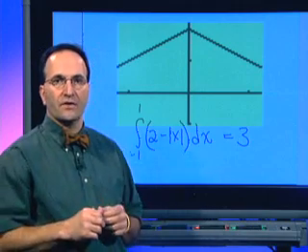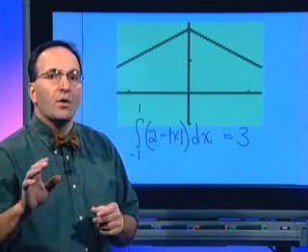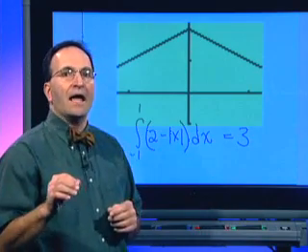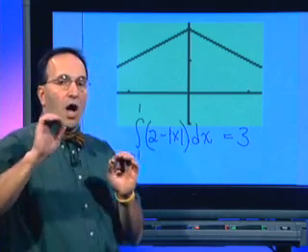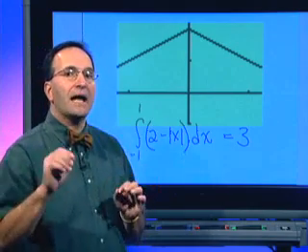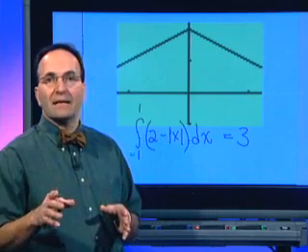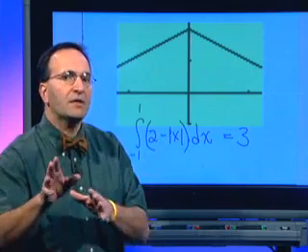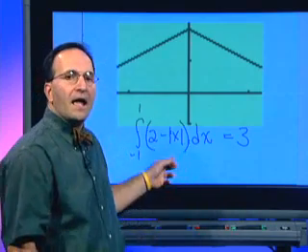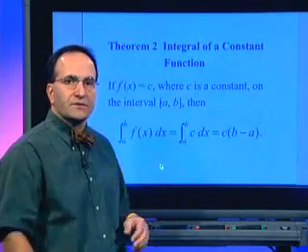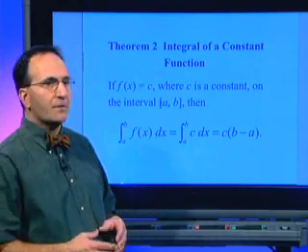And that's how that can help us in terms of finding the definite integral by looking at it as the area underneath the curves. All right, remember that when we're finding the area and we want to evaluate the integral, sometimes we might have negative areas, and we need to keep that in mind. But first, let me look at how we integrate a constant function. We do that by this theorem for the integral of a constant function.